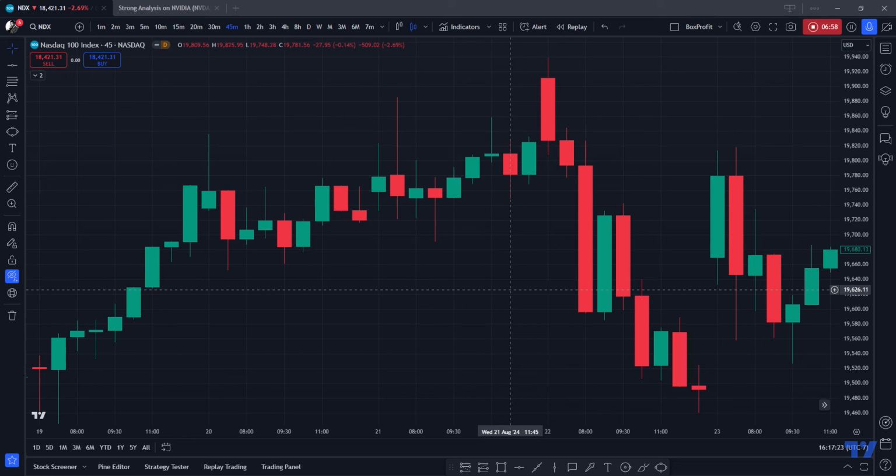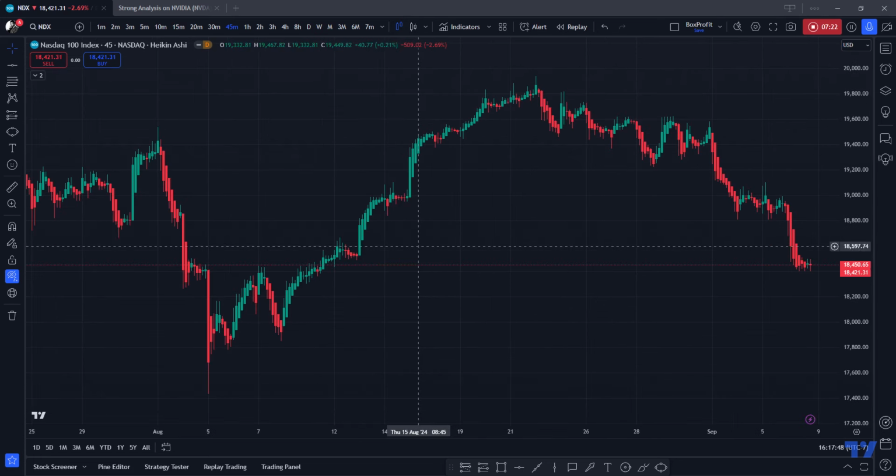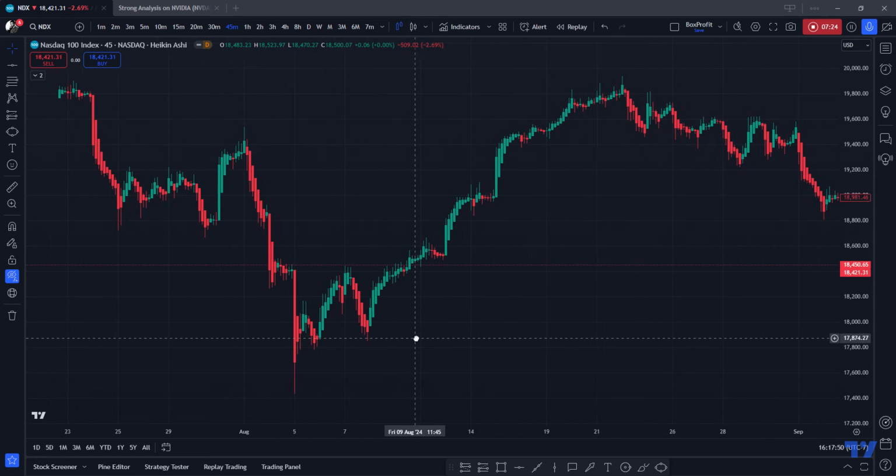You don't need to know anything about reading candlesticks, because the whole point here is that the Heikin-Ashi does all the work for you, so that you are only paying attention to a very few details. It's okay if you know how to read this chart, but if you do not know, that is perfectly fine.